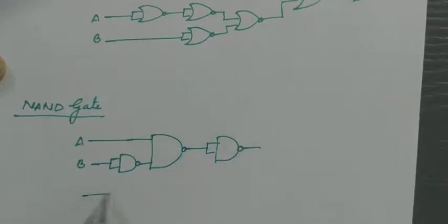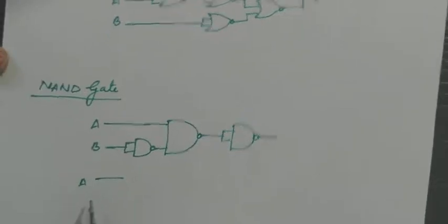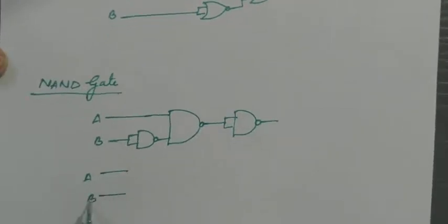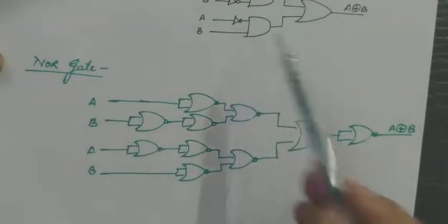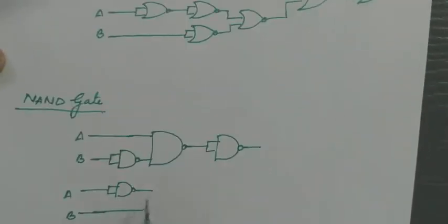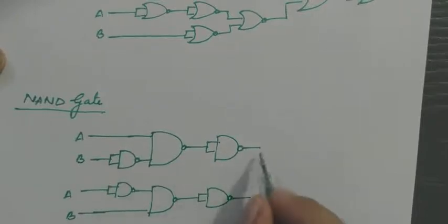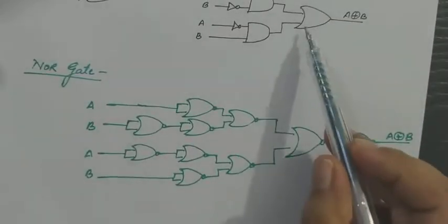Similarly, we have two input lines A and B. A has a NOT. These are again connected to an AND gate, so we'll again make an AND gate here. And finally we will add an OR gate.